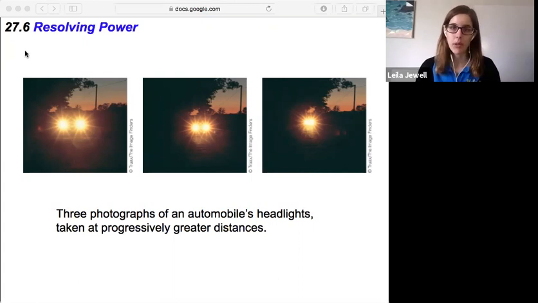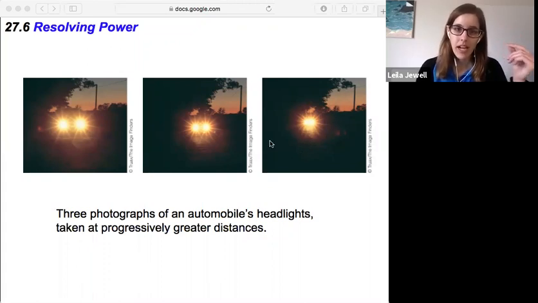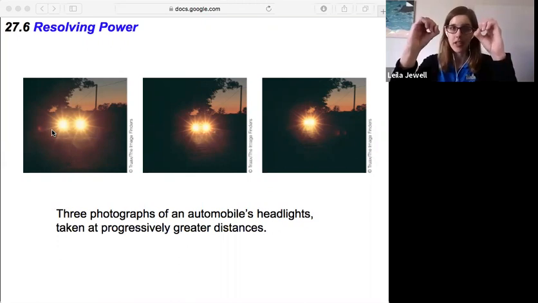And to think about resolving power, I want you to think about a car approaching from far off, right? When it's super far away, you can just barely see the headlights, and they look like one headlight. As it gets closer, you can start to resolve that there are two separate headlights, especially if it gets really close. It's like, okay, there are definitely two headlights here.